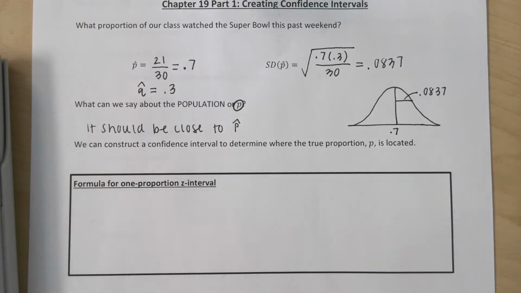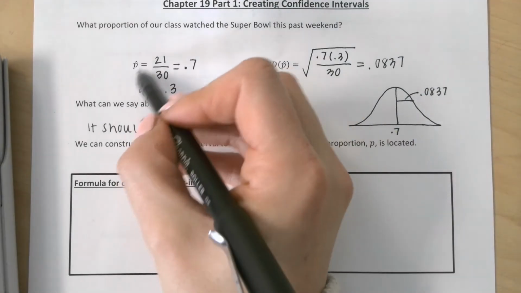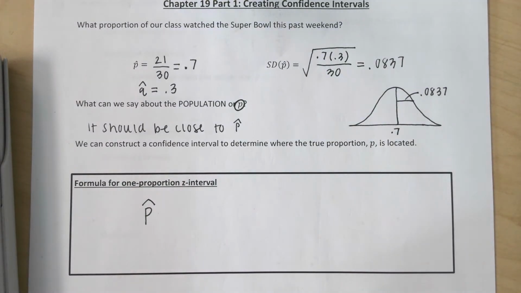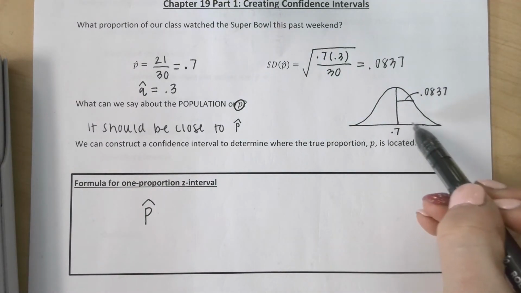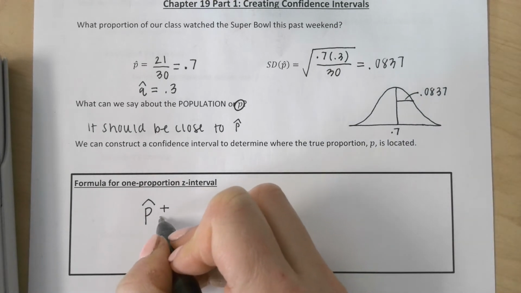Okay, here's our formula for 1 proportion z intervals. We're going to start with our best guess of the average, which in this case is our P hat. Now we want this to be an interval. I want to look both above and below that average, so we're going to add and subtract.